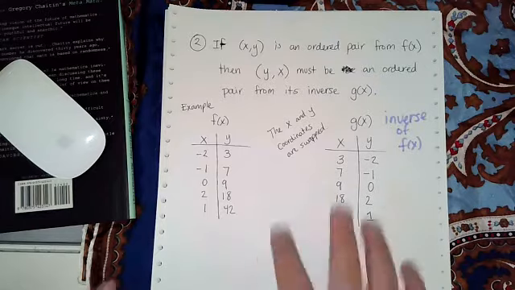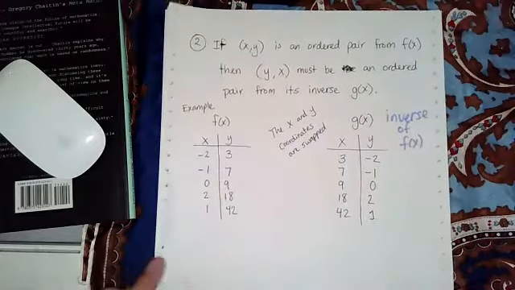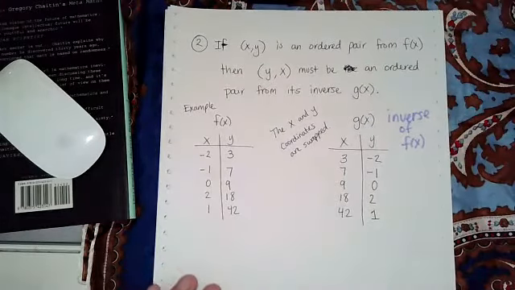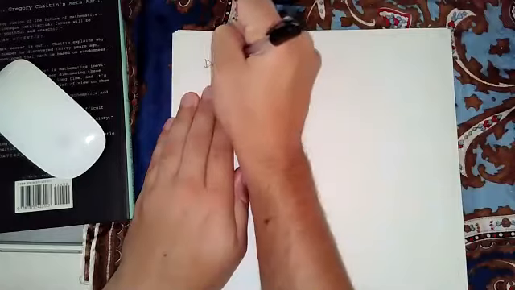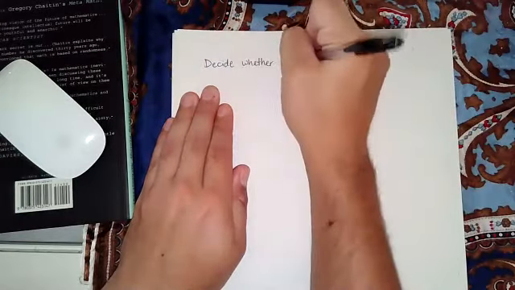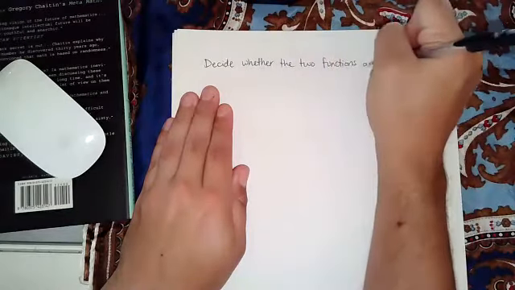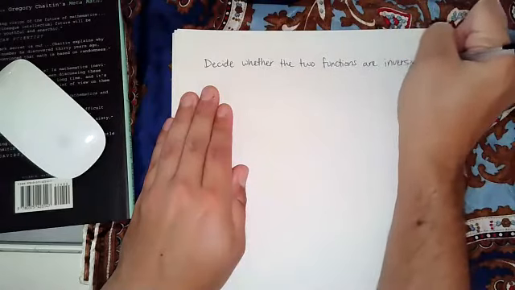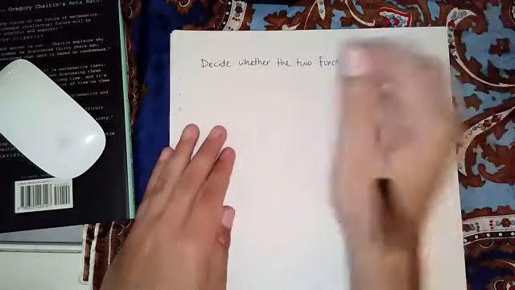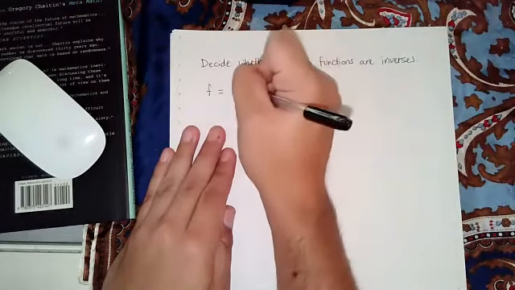So to test our knowledge of this, now that I've told you this, I'm going to give you a problem. What I need you to be able to do is decide whether these two functions are inverses. So I'm going to give you the function f, and it's equal to a set of ordered pairs.